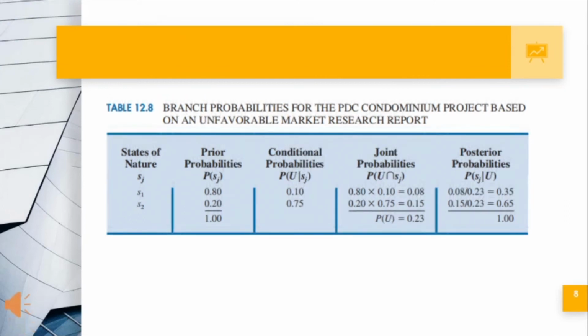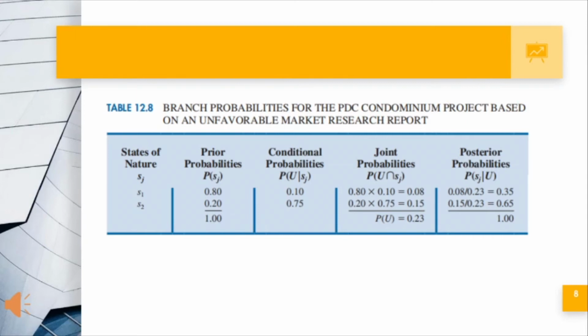The tabular probability computation procedure must be repeated for each possible sample information outcome. Table 12.8 shows the computations of the branch probabilities of the PDC problem based on an unfavorable market research report. Note that the probability of obtaining an unfavorable market research report is 0.23.